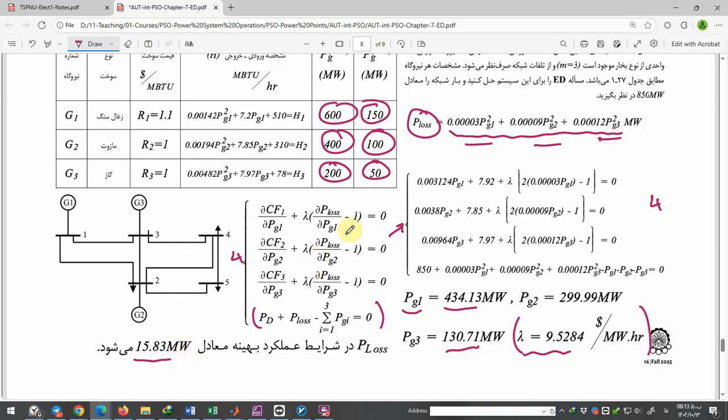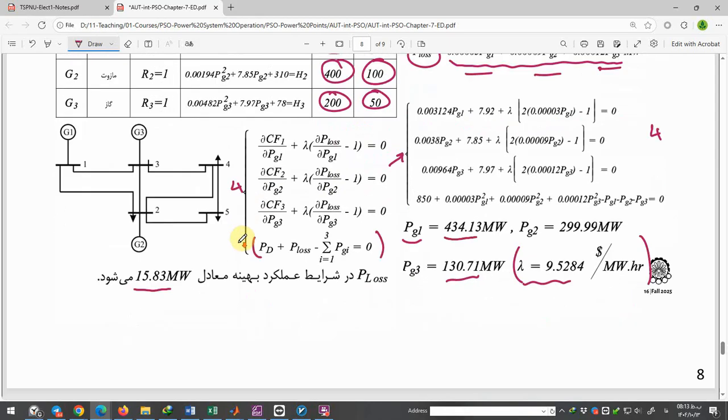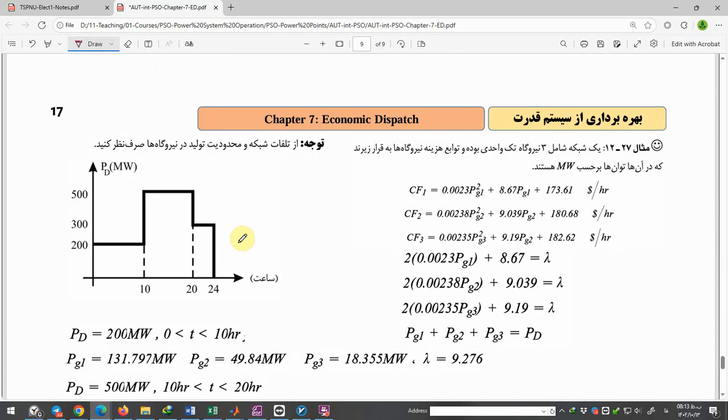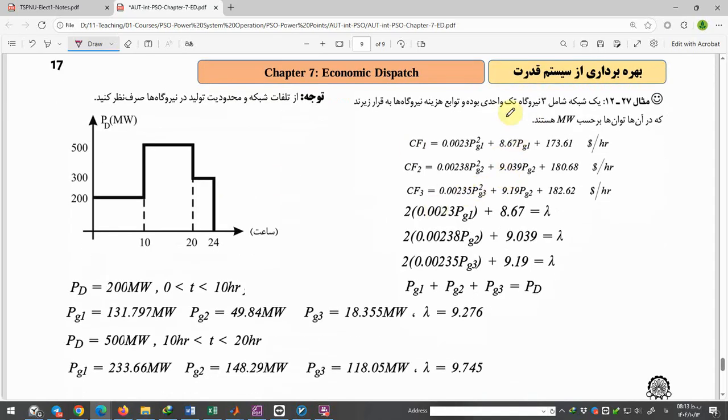Please try this exercise at home with your calculator yourself. It is very important. Another exercise is about three power plants with the cost function written here.